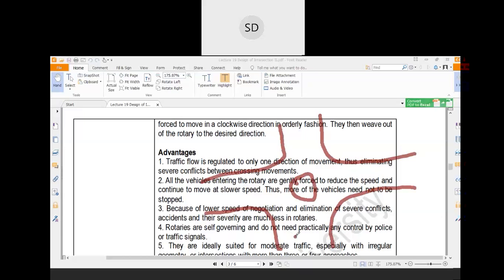All the vehicles which are coming into the rotary intersection have to move in this direction, the clockwise direction, whenever they try to change their lane or change their route. So this is basically a rotary intersection.